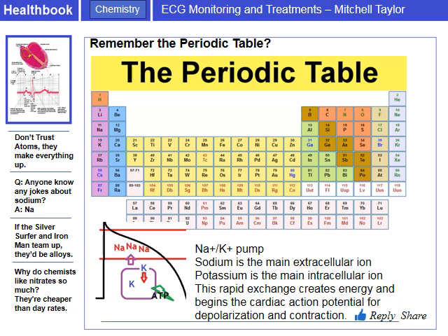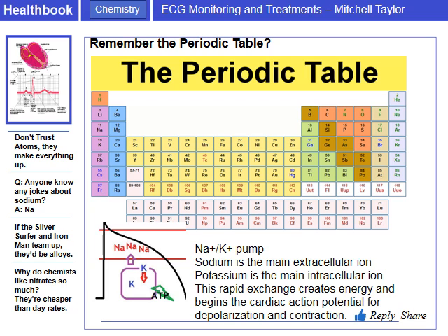We have 3 sodiums going into the vessel, and 2 potassiums going into the cell, and it leaves this imbalance, but it creates energy, electricity, and this is our main stimulus that starts the potential for our heart to actually beat. So we have this electrical conduction starting with this sodium-potassium pump.